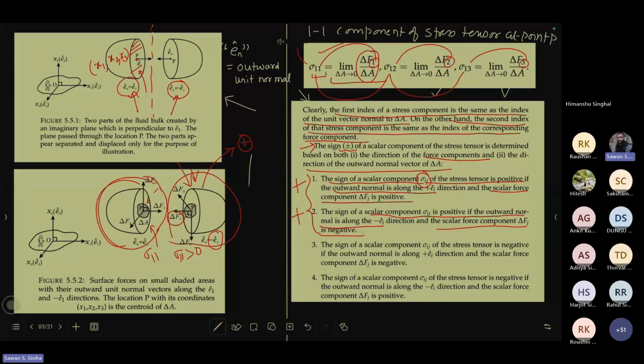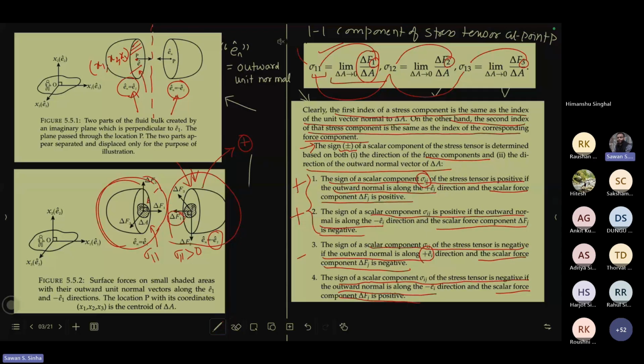The sign of a scalar component of sigma ij of the stress tensor is negative if the outward normal is along plus ei and the scalar force delta fj is negative. And finally, the sign of the scalar component of sigma ij is negative if the outward normal is along minus ei and the scalar force component is along the positive direction.